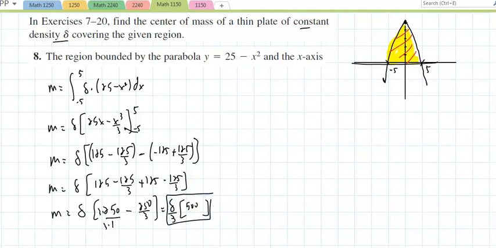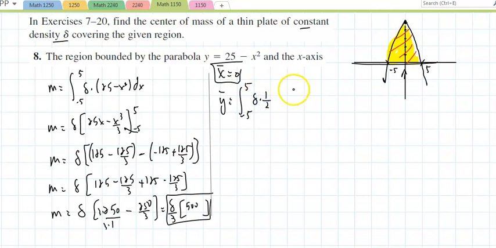There it is. Now, I know x bar is 0 because the density is constant, so by symmetry, it's going to be along the y-axis. Y bar is going to equal, in this case, the integral from negative 5 to 5 of delta times 1/2 times 25 minus x squared, squared.